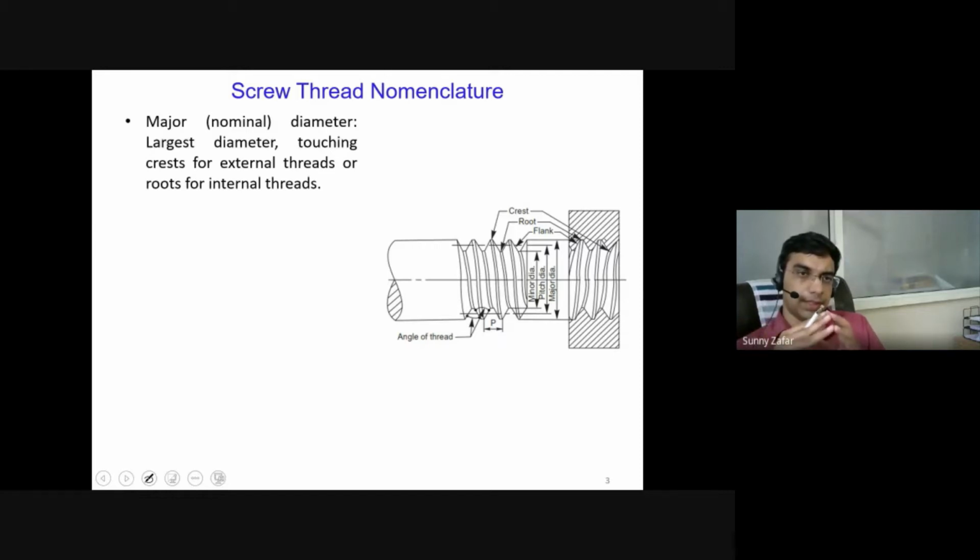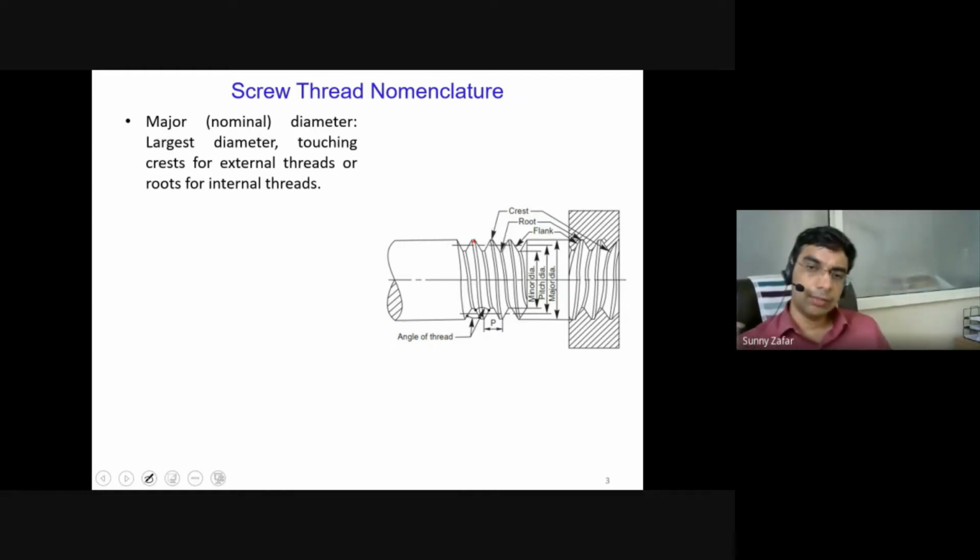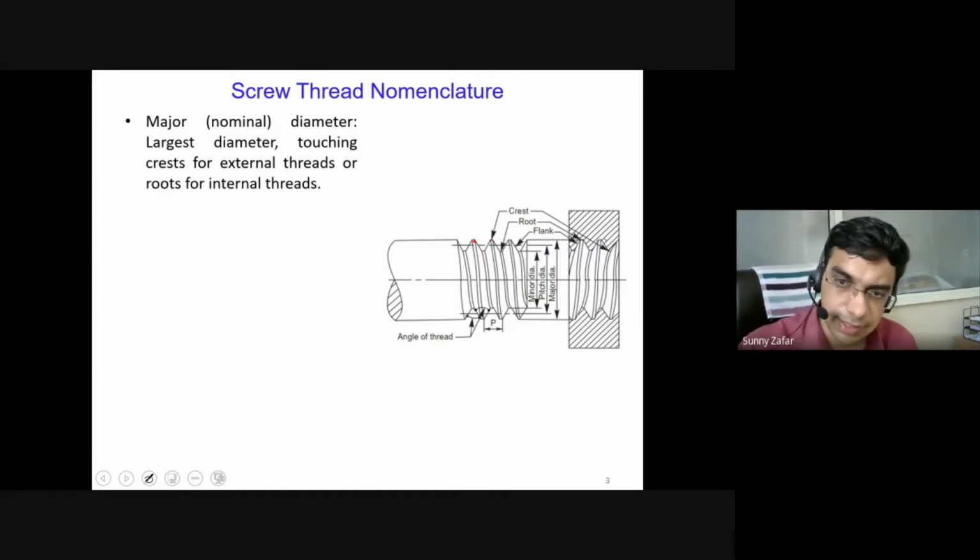First important is the major diameter. Major diameter is the diameter which is touching the crests. First we will understand the crest, which is basically the top point of any two or more threads. This point is known as the crest.